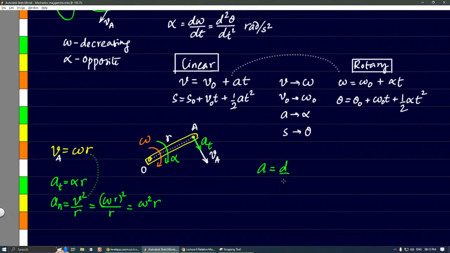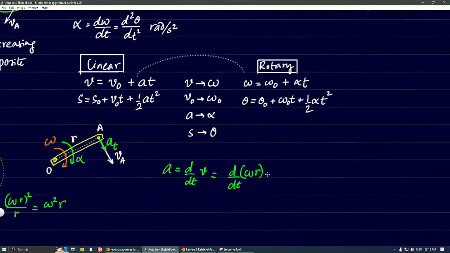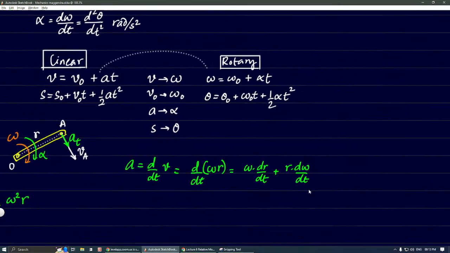Acceleration is d by dt of velocity, no? And the formula for velocity is omega into r, right? Both are changing. If both are changing, then we have to take the product rule, right? Omega into dr by dt, plus r into d omega by dt.